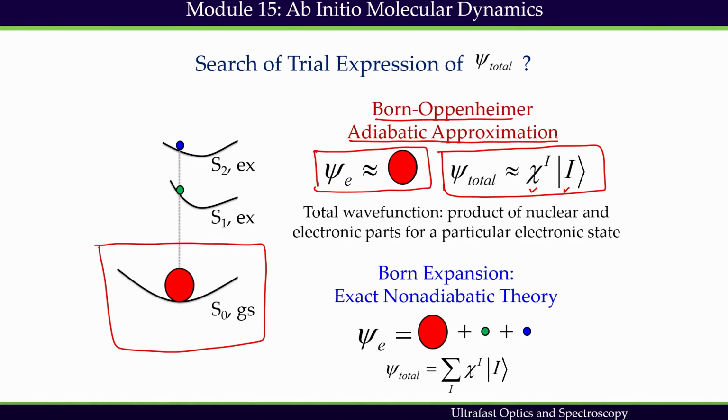In the adiabatic approximation, we do not see any other configuration. We only look at a single electronic state, if it is the ground state, then it is the ground state. In this approximation, it is assumed that electronic states are well separated in energy, and the total wave function can be expressed as the product of nuclear and electronic parts in a single electronic state. Under the adiabatic Born-Oppenheimer approximation, we stay blind to the other electronic states.